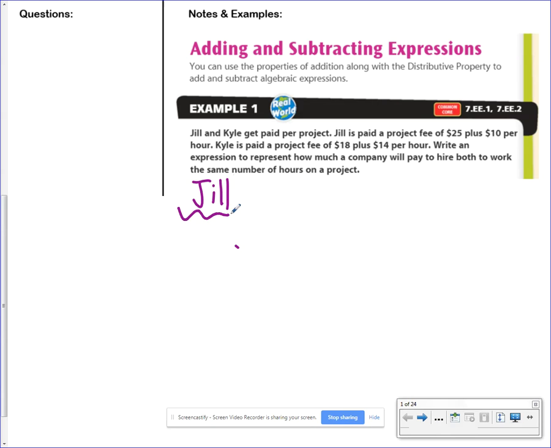I have Jill and I have Kyle. Jill is paid $25 plus $10 for every hour she works. So I have to take 10 times every hour. I don't know the hours.